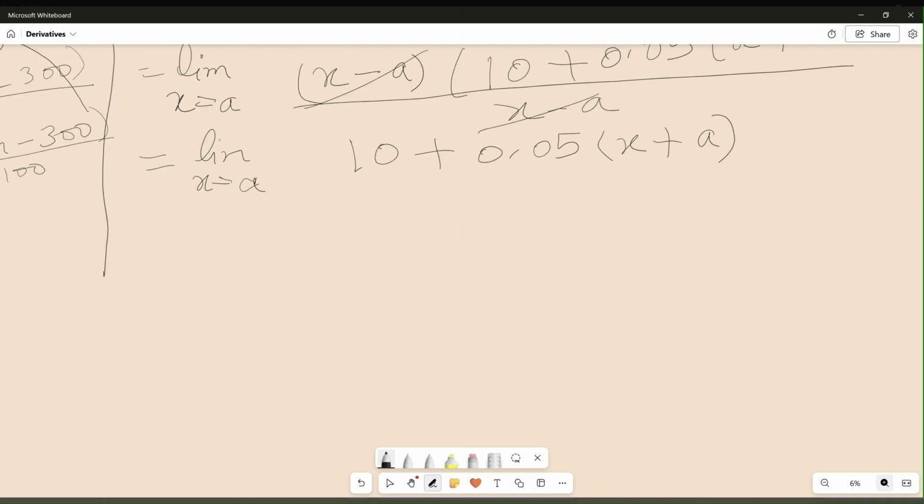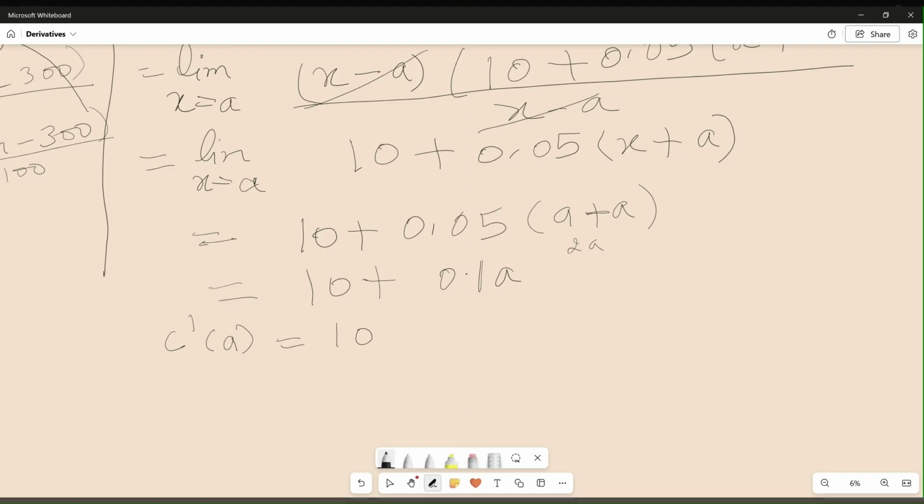And as x approaches a, this expression drops, right? So we are left with 10 plus 0.05 times a plus a, which is 2a, right? So 10 plus 0.05 times 2a is 0.1a. Okay, here we go. So now we have the derivative of this function, which is 10 plus 0.1a.